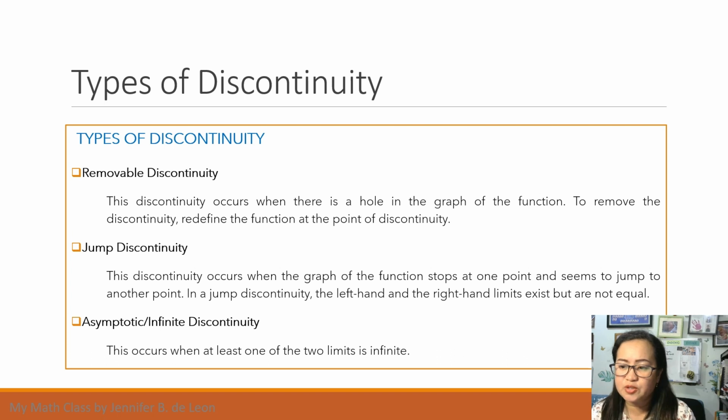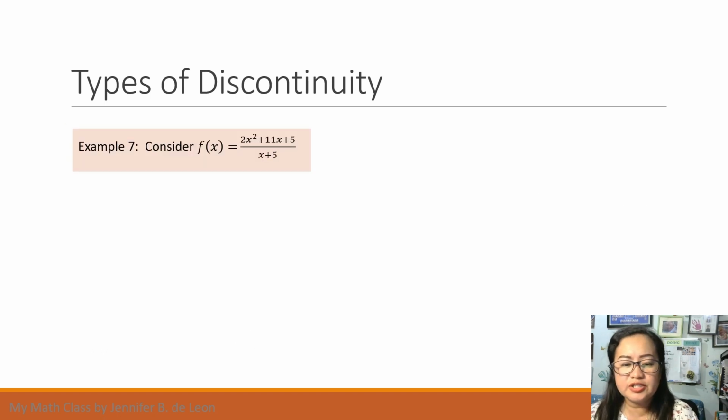Now let's have some examples. Consider f of x equals 2x squared plus 11x plus 5 all over x plus 5. A while ago, we were able to determine that this function is discontinuous at x equals negative 5.